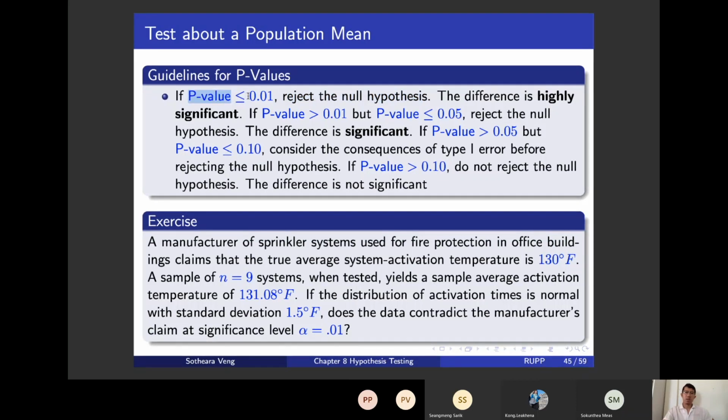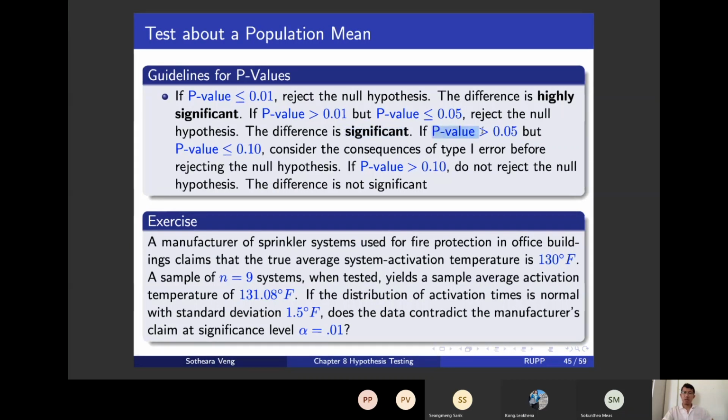It's because the lowest significance level statisticians always use is 0.01. And now we found that the p-value is less than this value, so the difference is highly significant. But if the p-value is greater than this but lower than 0.05, reject the null hypothesis, but the difference is significant, not highly significant. You still reject, but the way of your rejection is significant.